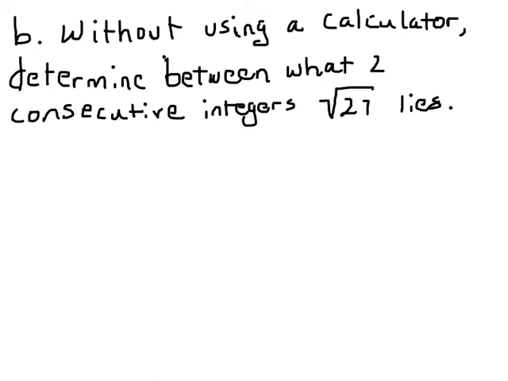Now B says, without using a calculator, determine between what two consecutive integers the square root of 27 lies. Well, I know that the square root of 25 is 5, and the square root of 36 is 6. 27 comes between 25 and 36, so I would have to say that it comes between 5 and 6, and those are the two consecutive integers that it comes between.